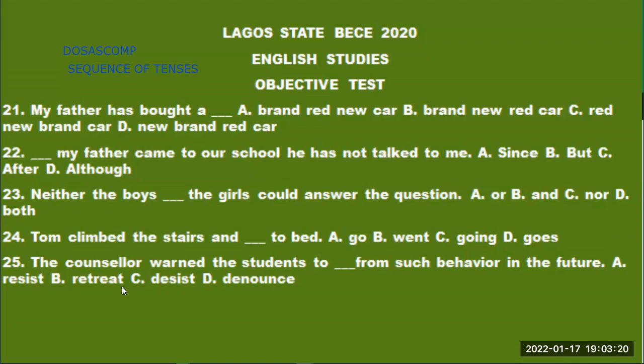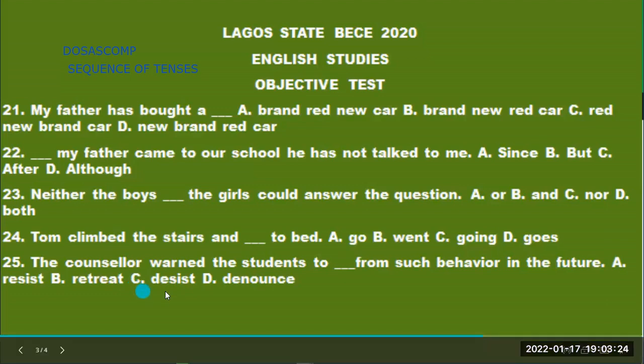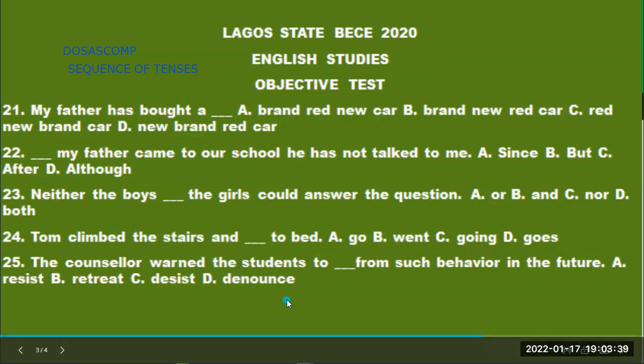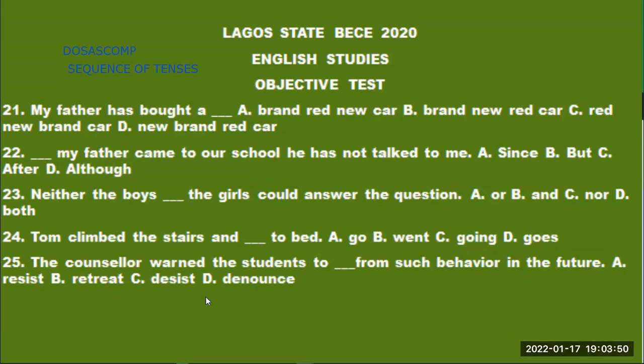No. Option C, desist. The counselor wants the students to desist from such behavior in the future is correct. The word desist collocates with from. You desist from. All right. Then denounce. The counselor wants the students to denounce from doesn't actually sound correct. So the correct option is C. The counselor wants the students to desist from such behavior.